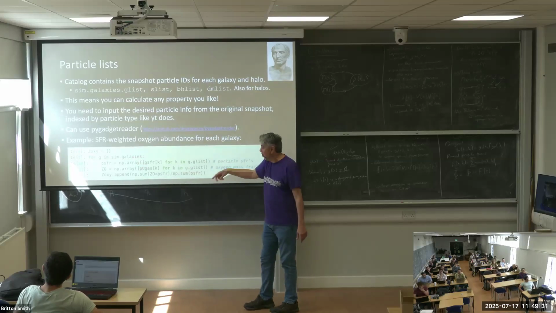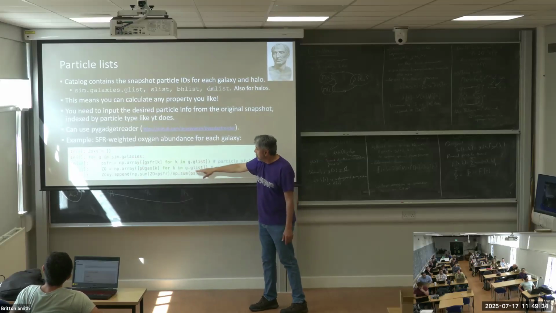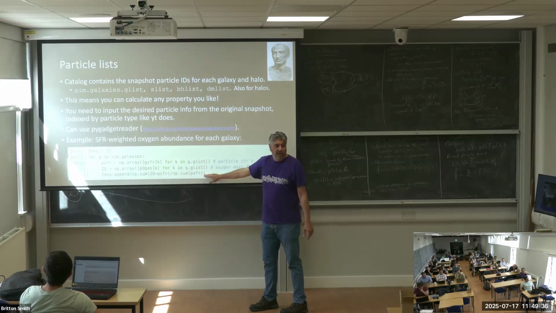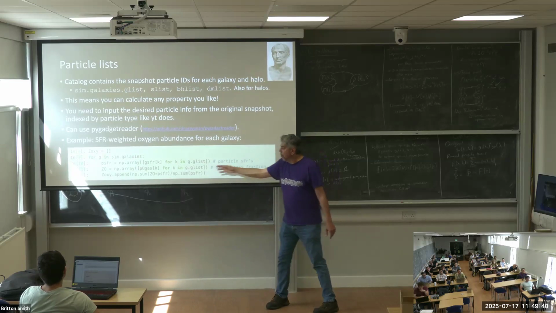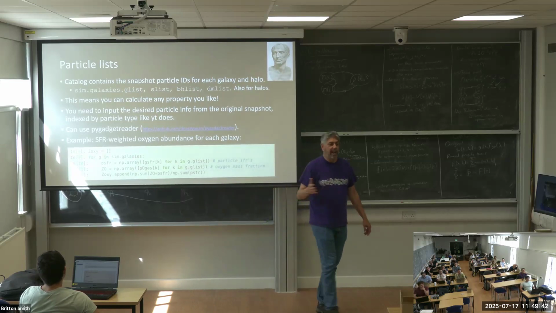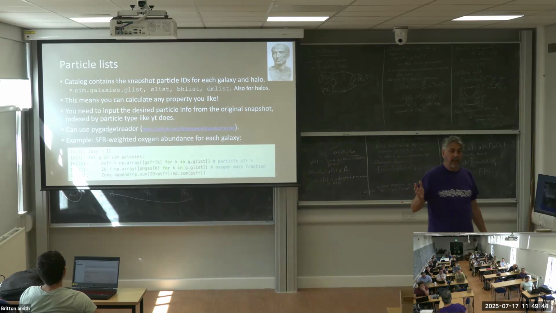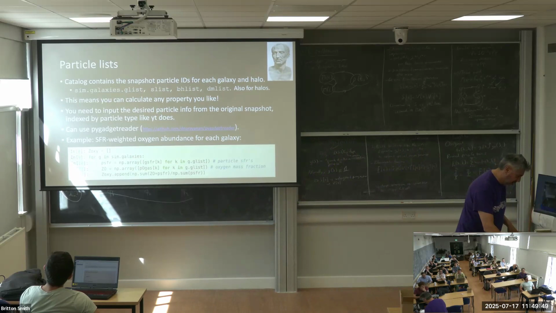So it loops over all the galaxies, collects all the star formation rates, collects all the oxygen abundances, does that little weighting that we all like, and voila, Z-oxy now contains the star formation rate weighted oxygen abundance.